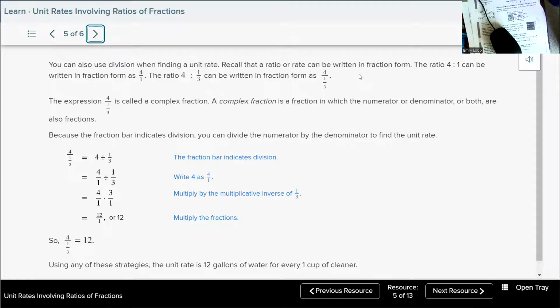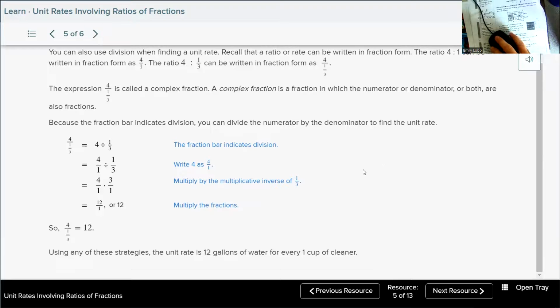You guys already know, a complex fraction is a fraction in which the numerator or denominator, or both, are also fractions. So because the fraction bar indicates division, you can divide the numerator, so the number on top, by the denominator, which is the number on the bottom. So we can take the top divided by the bottom to find the unit rate.